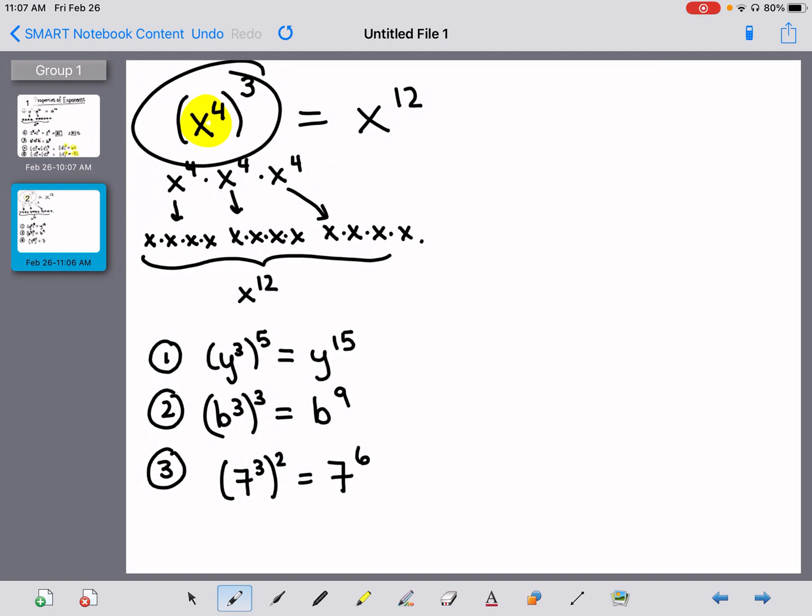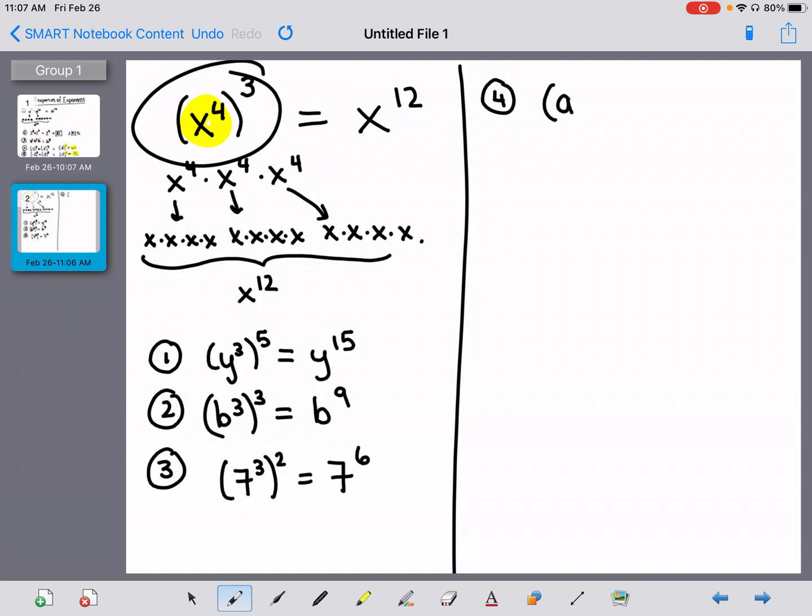Multiply the exponents. Okay? Now, we add to that and we say, well, we can put 2 things on the inside. Let's put 2 variables on the inside instead of just 1. The rule is still the same. You take the number on the outside and you multiply it to the exponents. So this would become a to the 9th, b to the 12th.